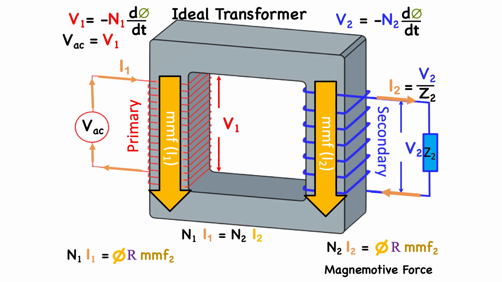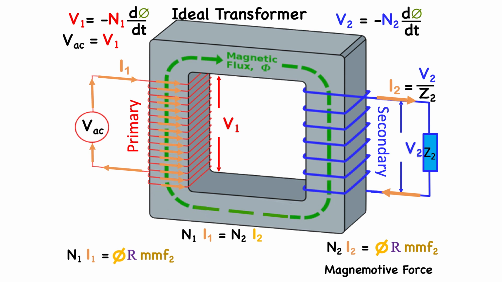This is Lenz's law. The net effect will be that the magnetic flux in the core will not change due to the current flowing in the secondary coil, but will remain the same, that being the magnetization flux only.